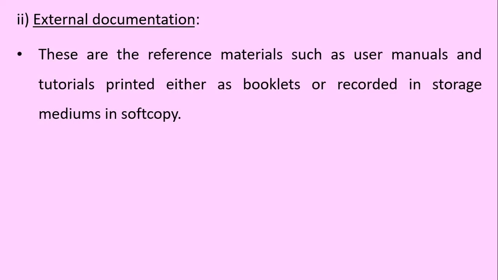The other one is external documentation. Remember, I have said that internal documentation is normally done within the code. What about external documentation? These are the reference materials such as user manuals and tutorials that are printed either as booklets or recorded in storage mediums in soft copy explaining about the program.